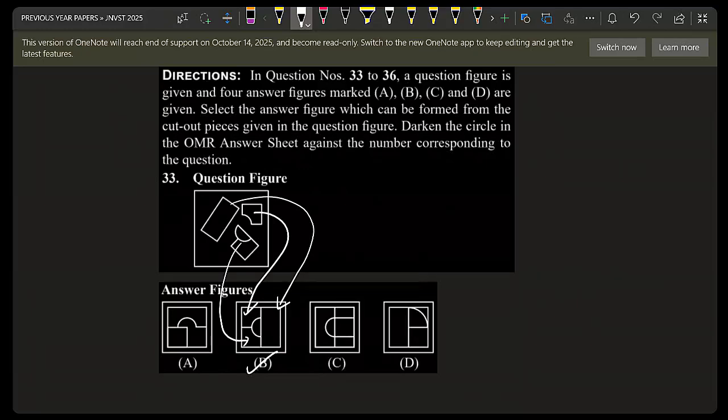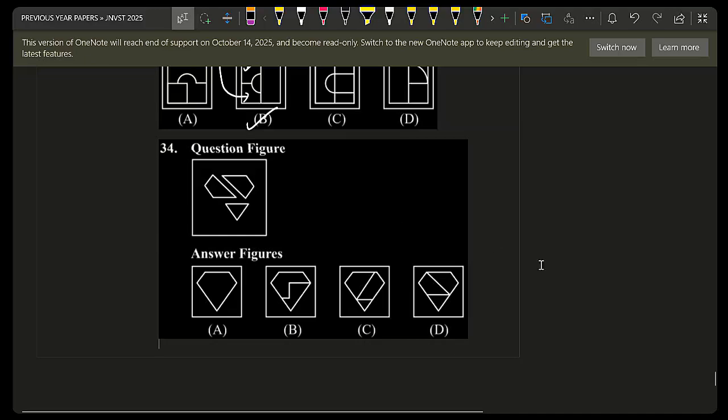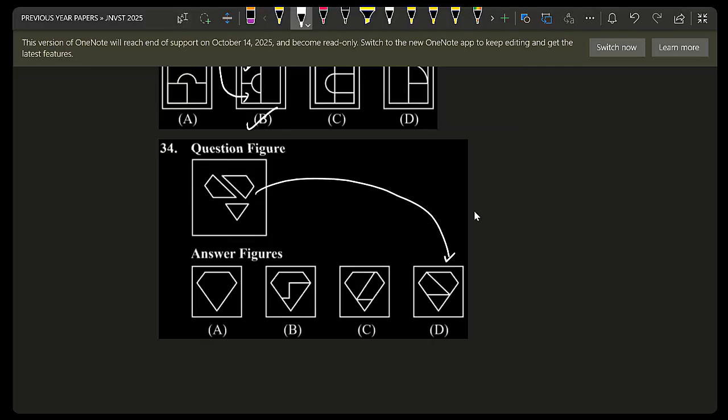Next question. 34. So using the pieces which can be formed, I can clearly see that option D, all the parts are there, and we can create that shape.